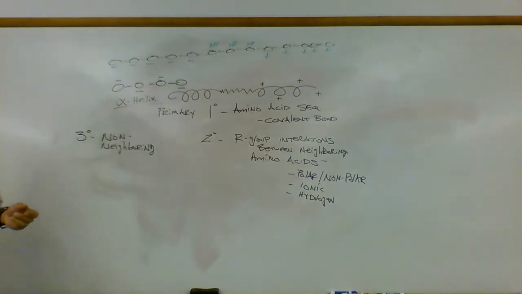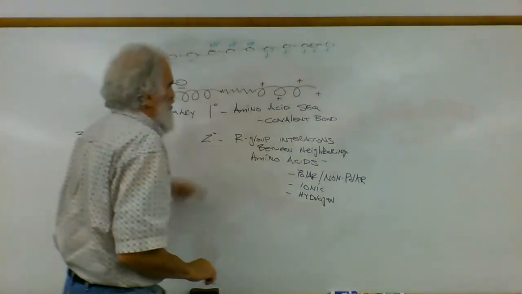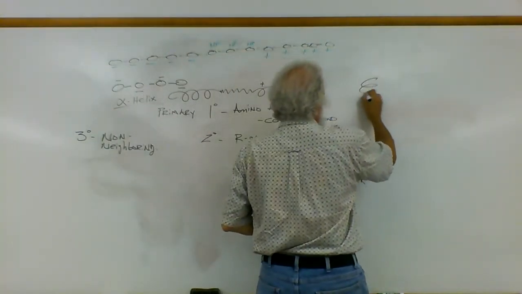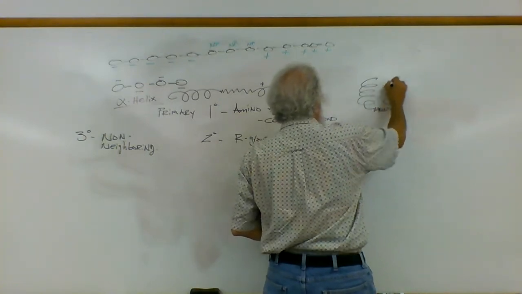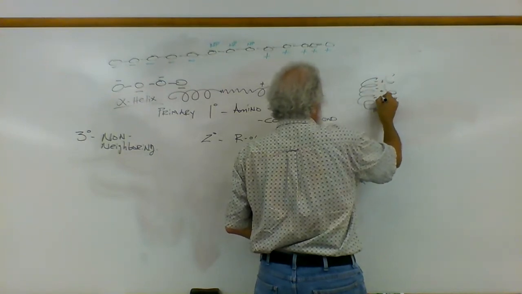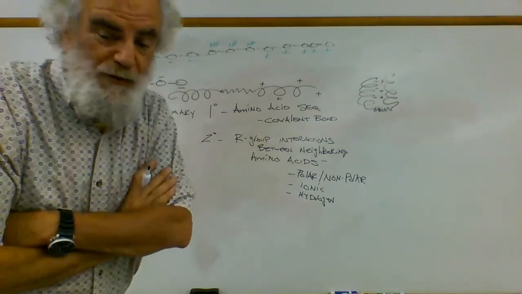So now we're going to take this end of the protein and swing it around and interact with that end of the protein, maybe make something that looks like this. So here's the nonpolar part, and we've got the negatives and the positives, and negatives and the positives, and we can create a folded up protein.